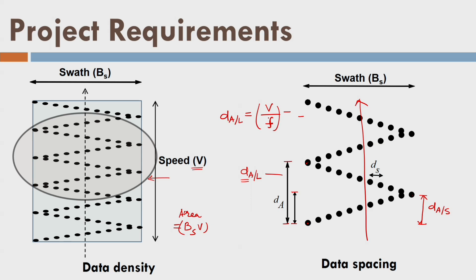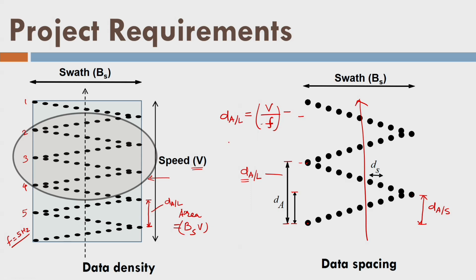Why? Because you can see here we have one cycle, then the second cycle starts here, third cycle, fourth cycle, and fifth cycle. So I have F equal to 5 hertz here. Now, if I divide, I will get this distance as my d along spacing, the longer spacing.